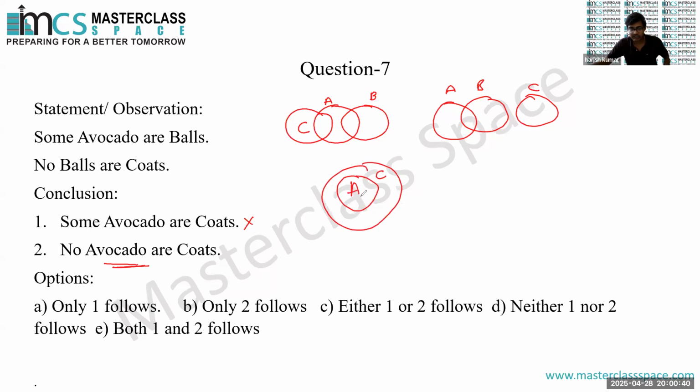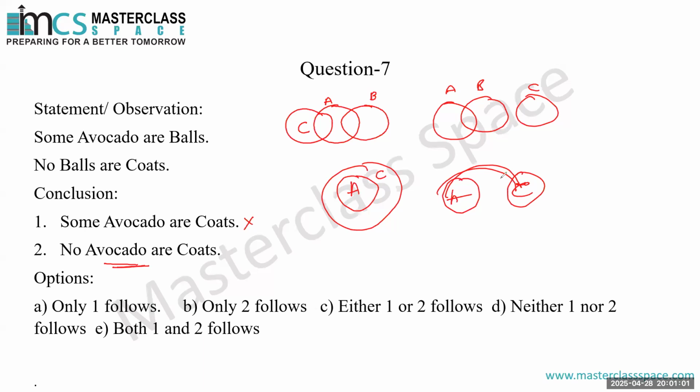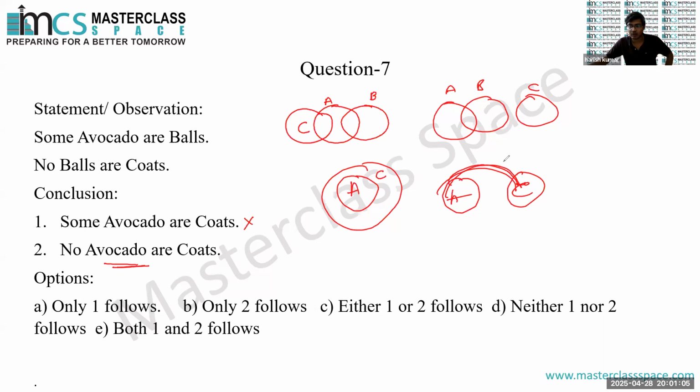Now, no avocado is a code means avocado and codes should not have any connection. Avocado should not lie in codes. Is it clear? Yes, sir.